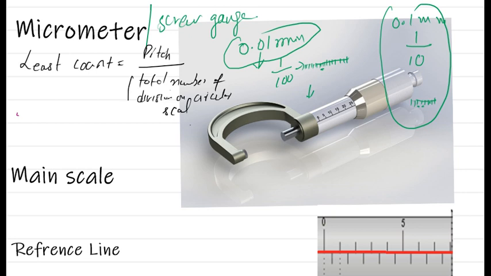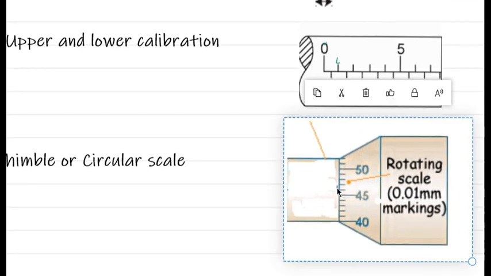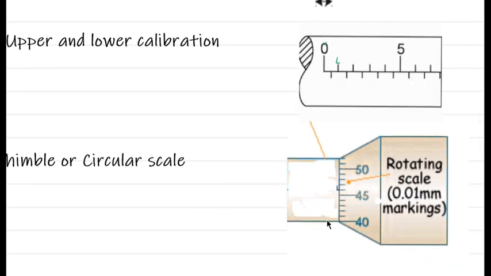So this is the total number of divisions on the circular scale. This is very simple. Why simple? Because if I show you the diagram, this is the circular scale, which is also called the thimble.